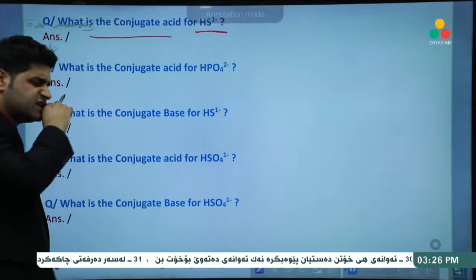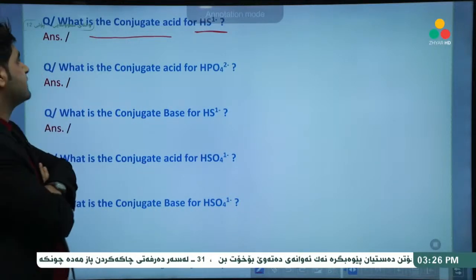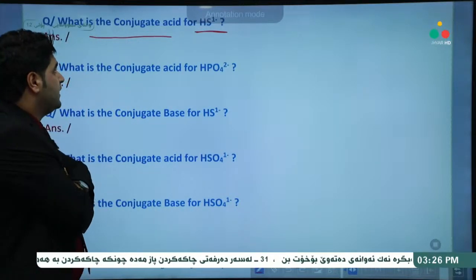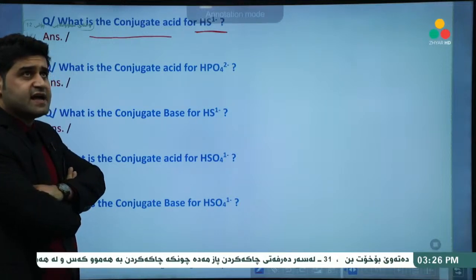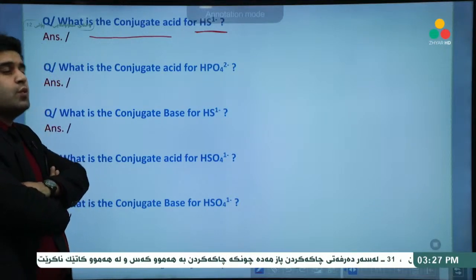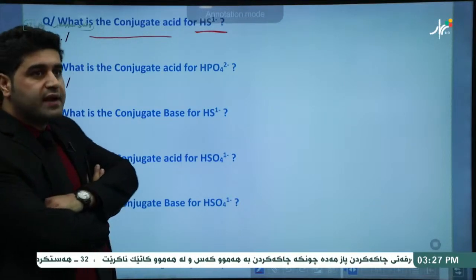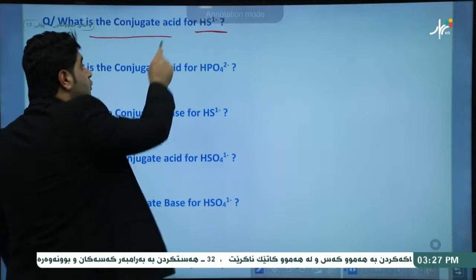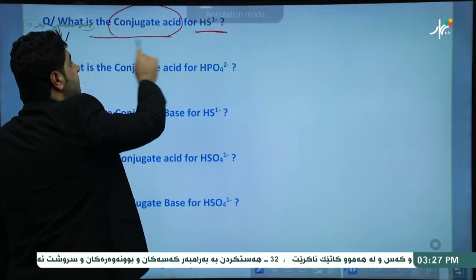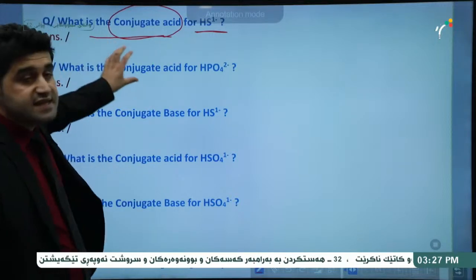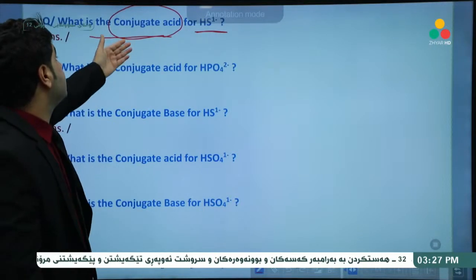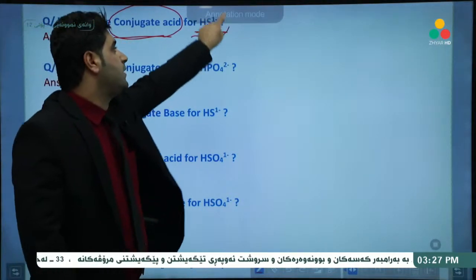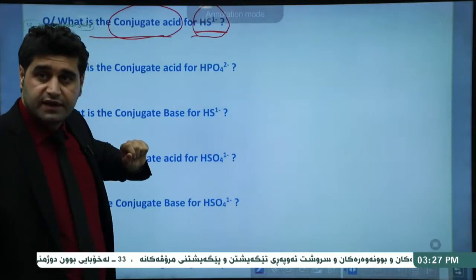Let's apply the definition for the conjugate acid. A conjugate acid is produced when a Brønsted-Lowry base gains a proton. So, this question says to create a conjugate acid from this compound, from HS-.